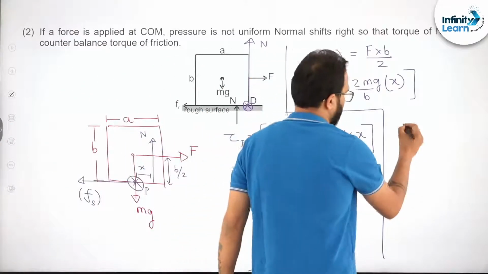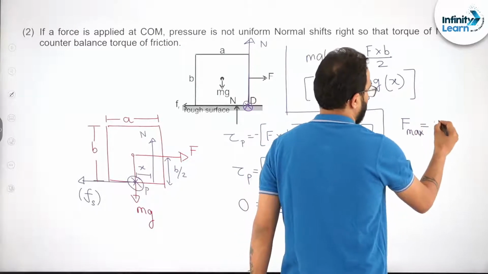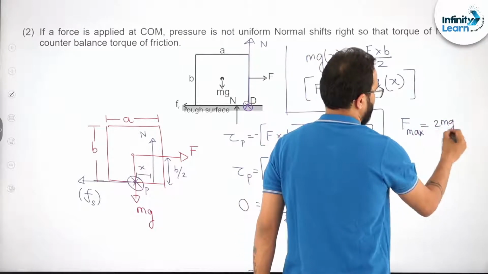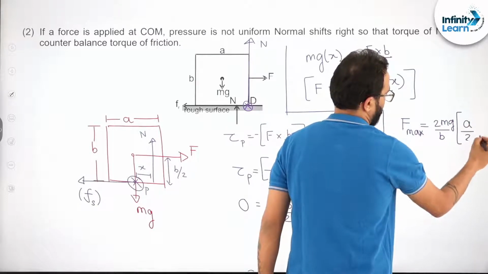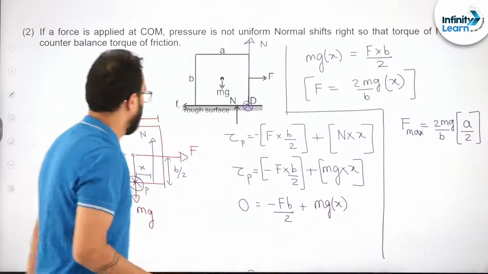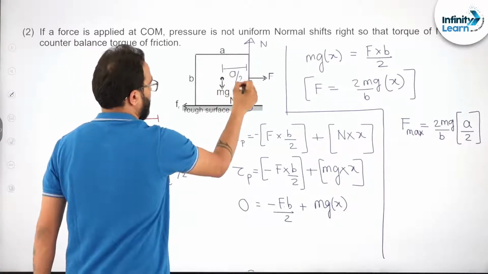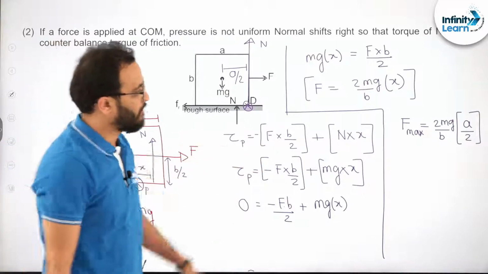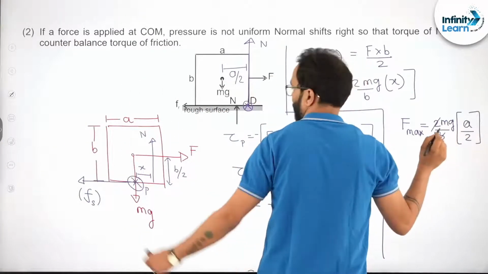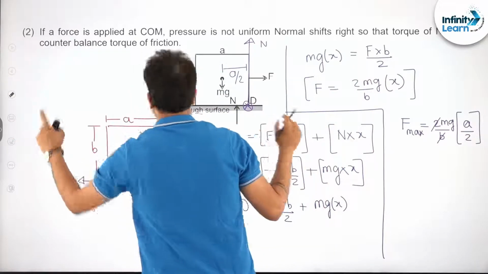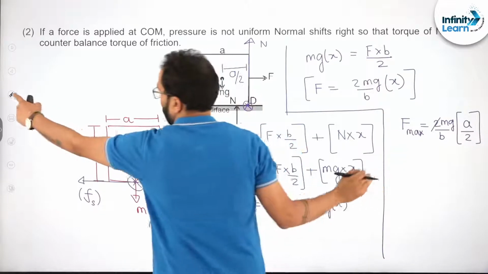So you will say, sir, the maximum possible value of F so that it doesn't topple will be 2mg by B, and the value of x will be a by 2. Can you see that? The maximum value, what is this distance? You will say, sir, a by 2. If x is a by 2, then F is maximum. 2 and 2 will get cancelled, right?